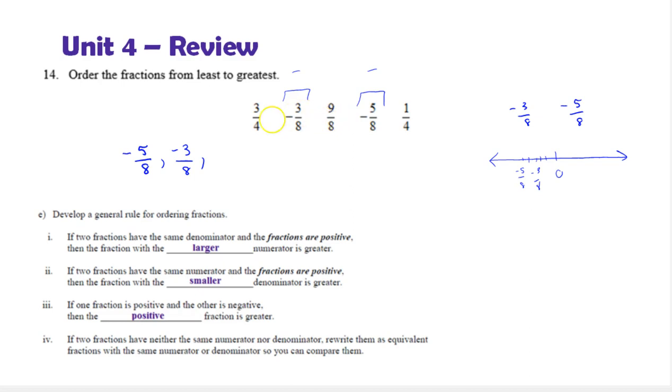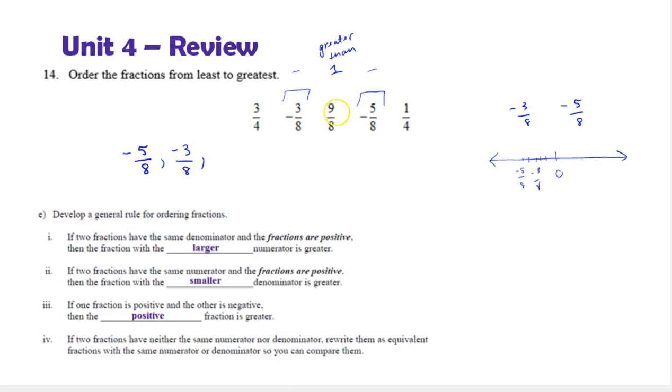Okay. Well, there's 3 positive numbers, and there's a few things I'm noticing now. These 2 numbers have the same denominator, so to compare them, we can just compare their numerators. There's also 9/8. It doesn't have a denominator of 4, but I'm noticing that 9/8 is greater than 1. Okay.